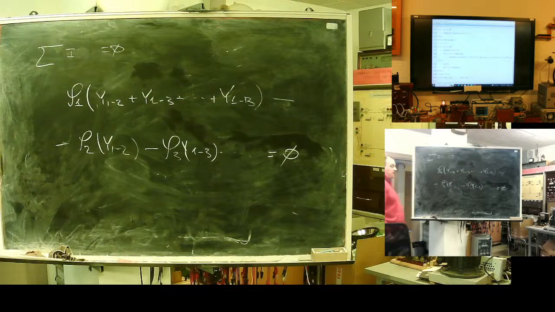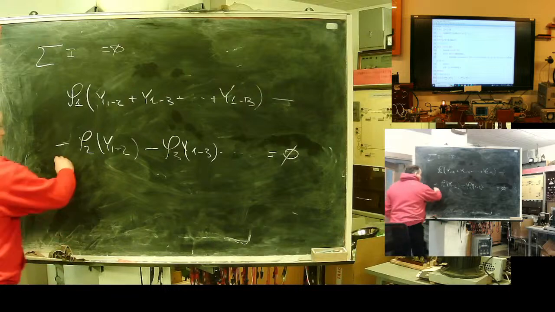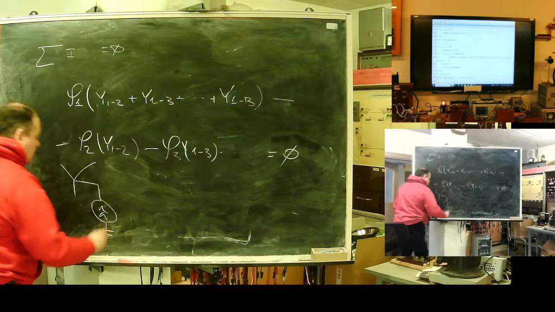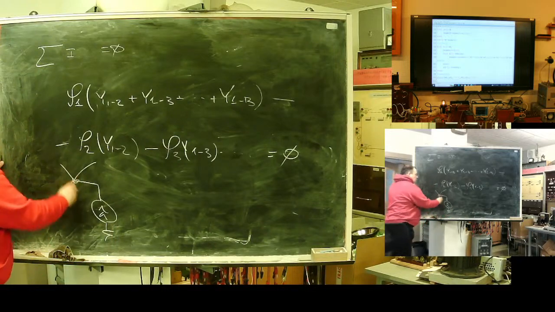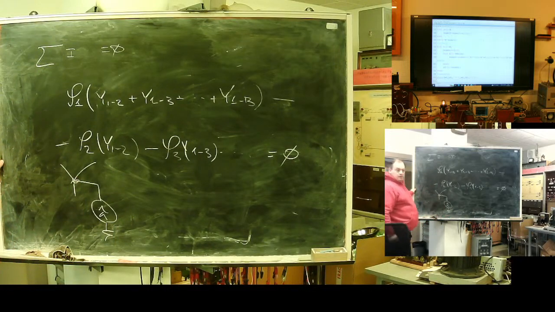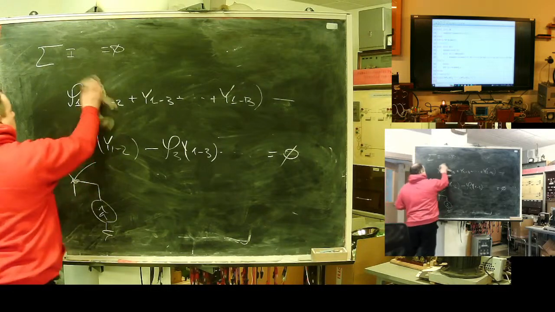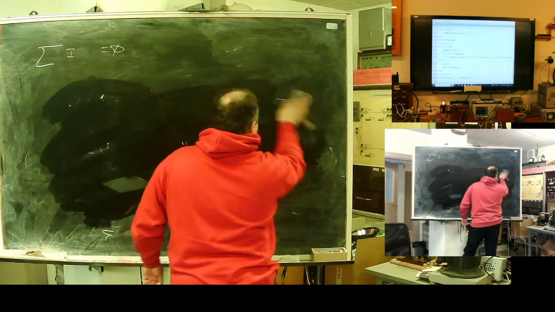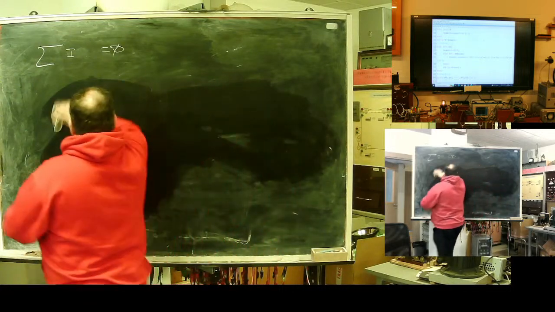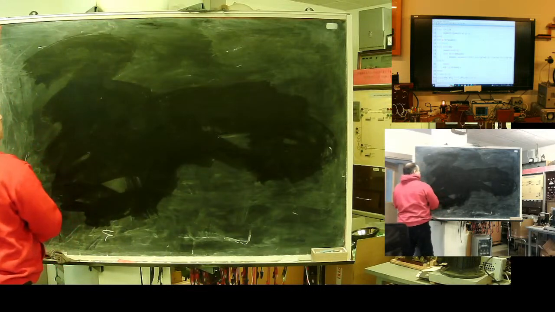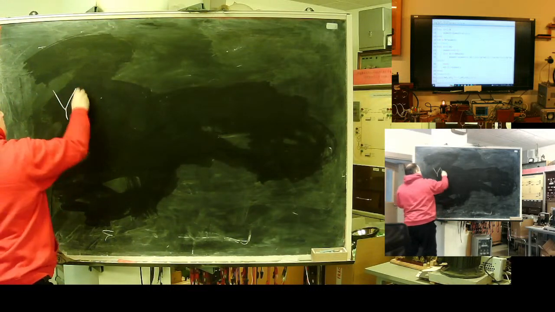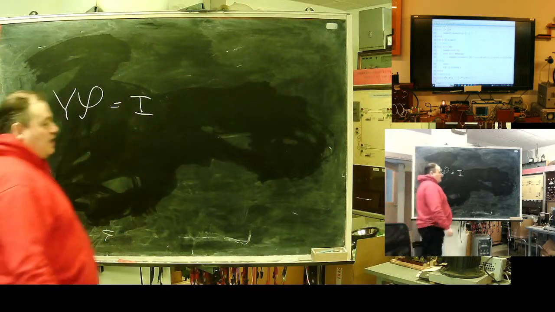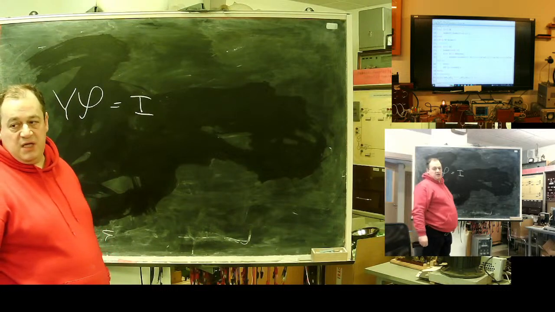If it would be not 0, but, for example, I attach a current source in some node, this will transform into Y times the vector of potentials equals I, where Y is a nodal admittance matrix.